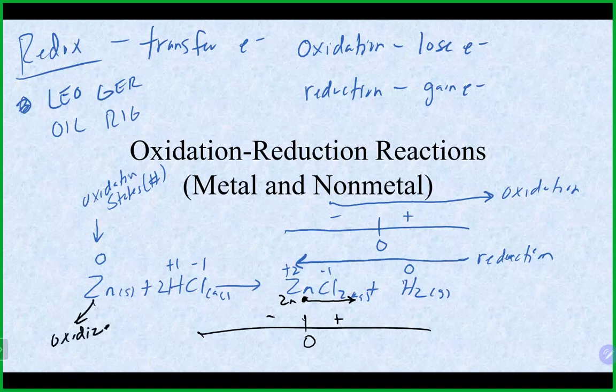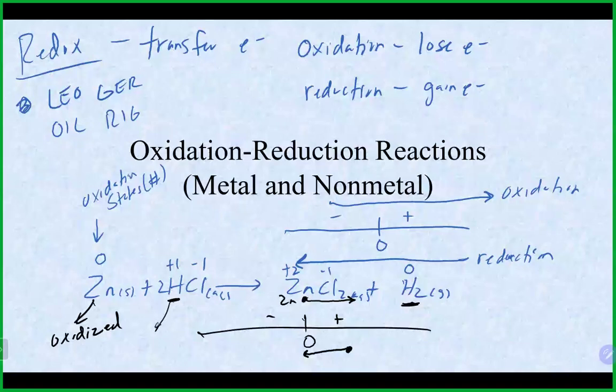Now, the hydrogen on the left-hand side has an oxidation state of +1, right there on my number line. On the right-hand side, the hydrogen ended up at 0, which means it started at +1 and is moving towards 0, moving in the negative direction, which means the hydrogen here is being reduced.